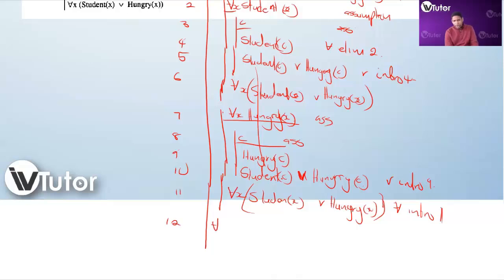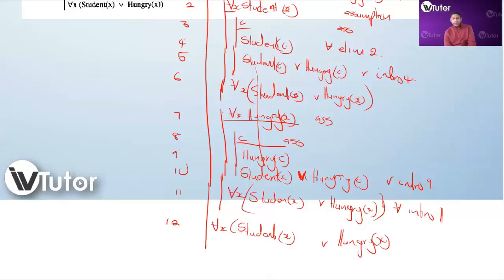We can then come and say ∀x student(x) or ∀x hungry(x). Right.